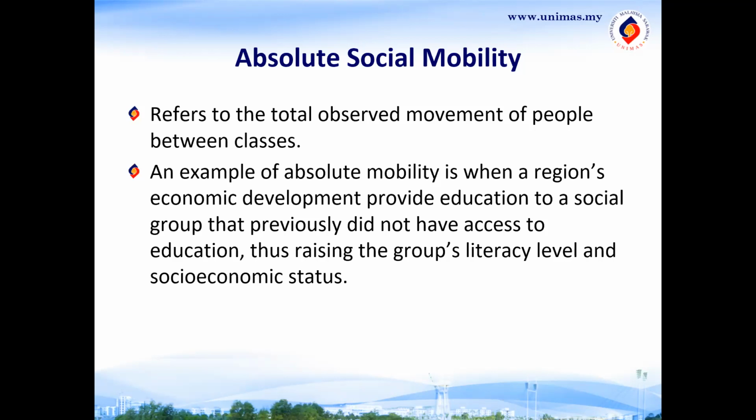Itu perubahan yang telah membawa perubahan mobility secara absolute, because through education people can get better jobs, and better job meaning dengan gaji yang lebih tinggi, so they can earn higher income. So itu menyebabkan mereka bertukar status dari segi socio-ekonomi mereka lebih tinggi.